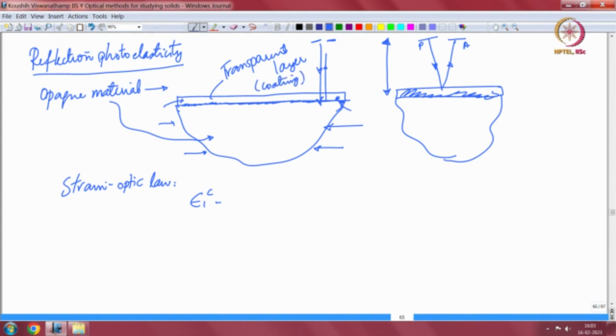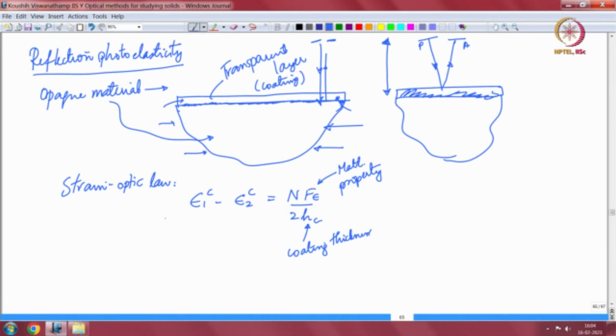So, now you have the difference between the principal strains, epsilon 1 coating minus epsilon 2 coating, and this is given by some other material constant, f epsilon, which is a material property, times the thickness of the coating, and you have this. Okay.